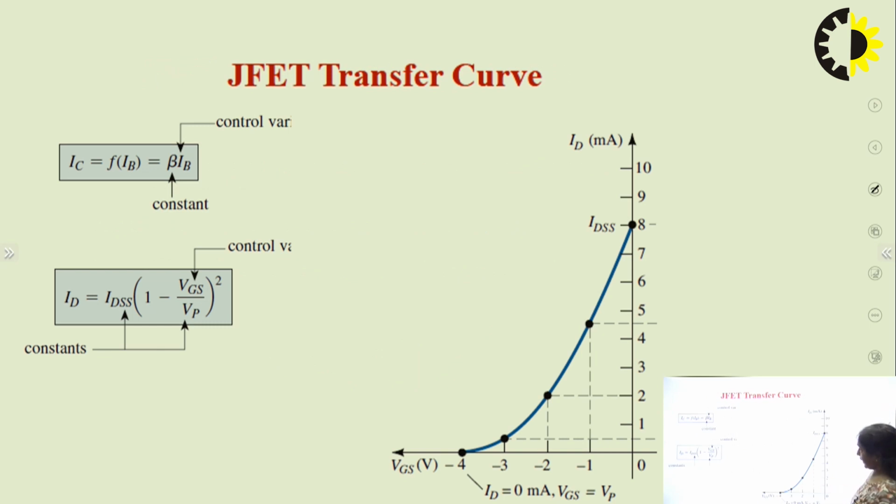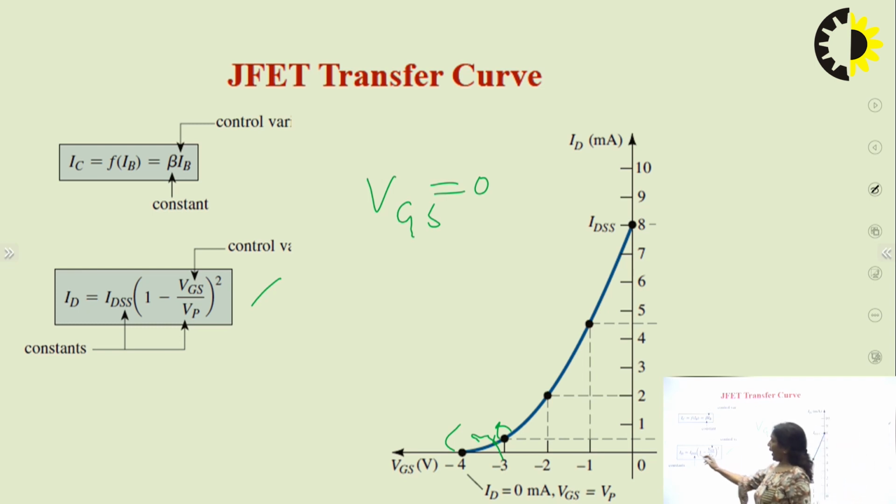So here we can see that if we keep VGS equal to 0 in this equation, then ID will be equal to IDSS. So we get this point.